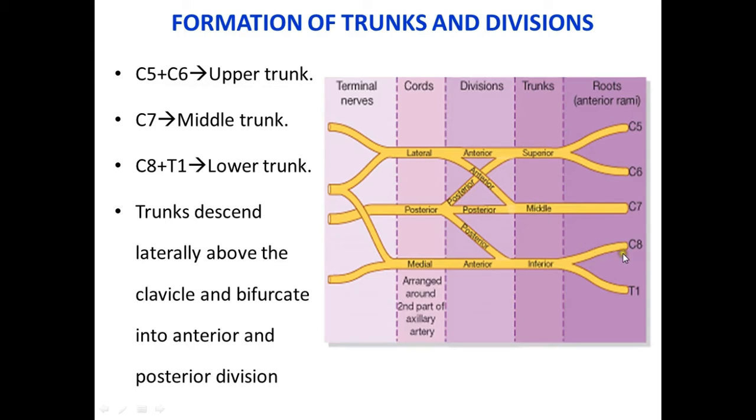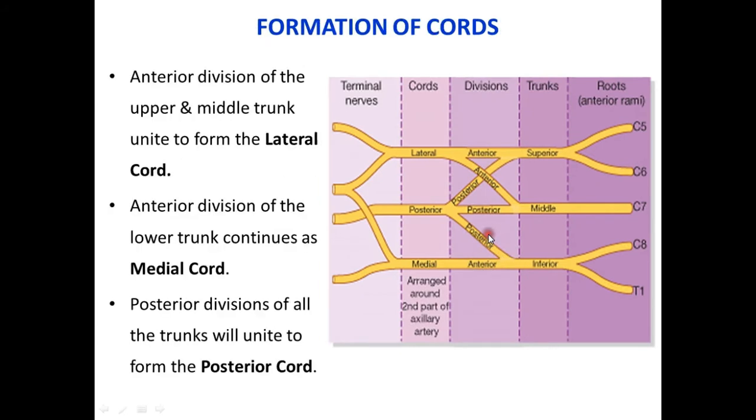C8 and T1 form the inferior trunk. Then from each trunk two divisions arise, one anterior and another posterior. You can see here the anterior and the posterior divisions.